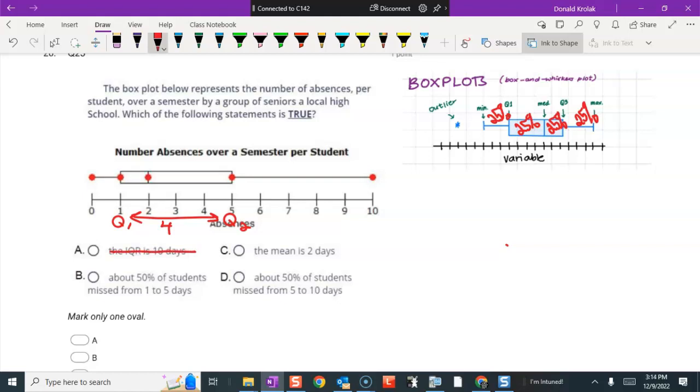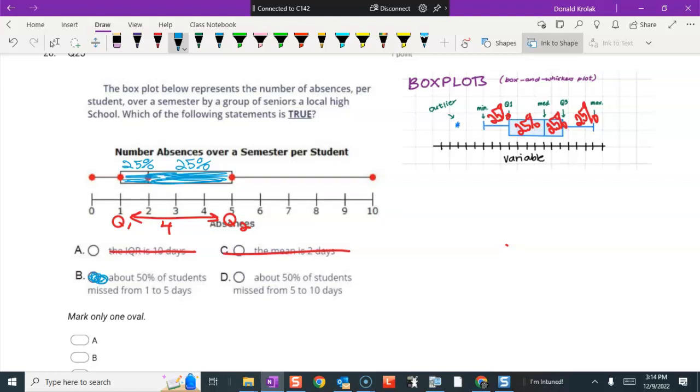The mean is 2 days. We can't tell the mean from a box and whisker plot. We can tell the median, but not the mean. About 50% of the students miss from 1 to 5 days. That's talking about 1 to 5 days, this box. This box is made up of 25% here of the data and 25% there, so 50% of the data is in that box, and that box goes from 1 to 5.